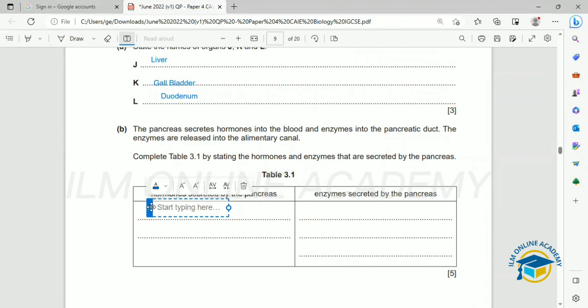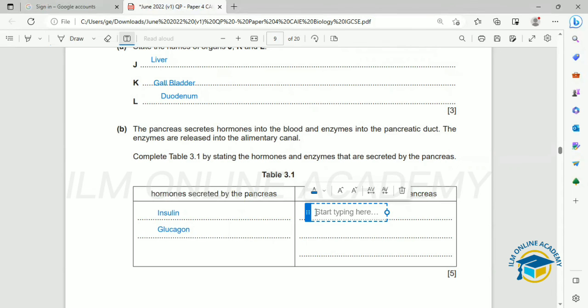Then hormones secreted by pancreas. So hormones are insulin and glucagon. They balance the sugar levels in your body. And enzymes secreted are carbohydrase, trypsin, and lipase.